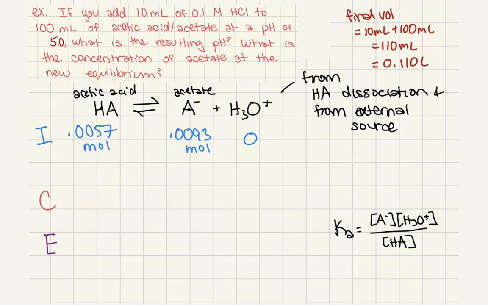And how much? Well, we have our 10 mils. So that's 0.01 liters, because remember, molarity is in moles per liter. And then we have 0.1 molar. And this is going to give us 0.001.